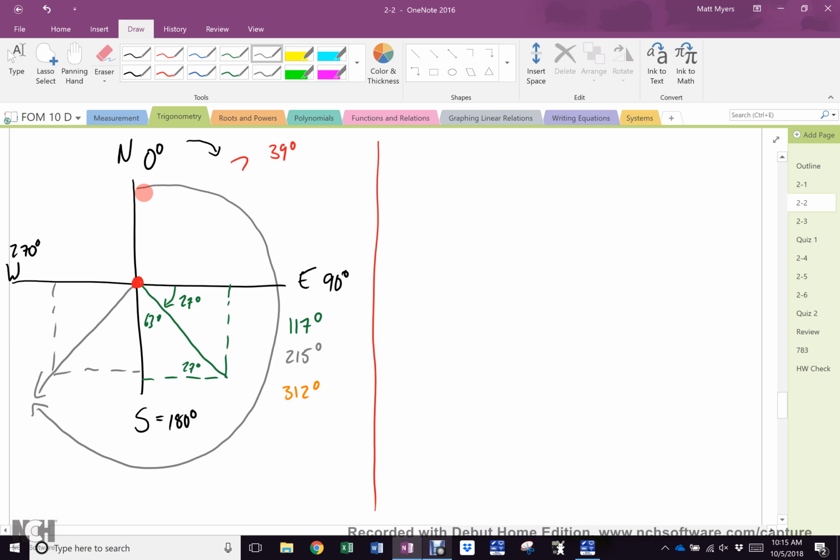How far is it to south? 180. But I've gone 215. So what's that? 35. What does that automatically make this? 35. What does that make this? 90 minus 35. 55. And what does that automatically make this? 55. Is everybody cool? Sweet.